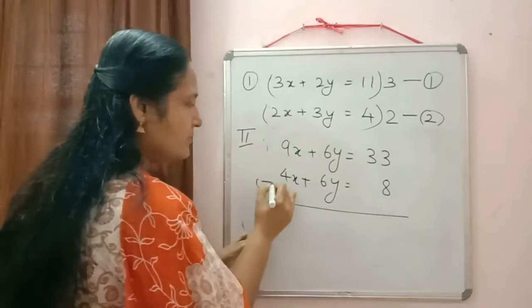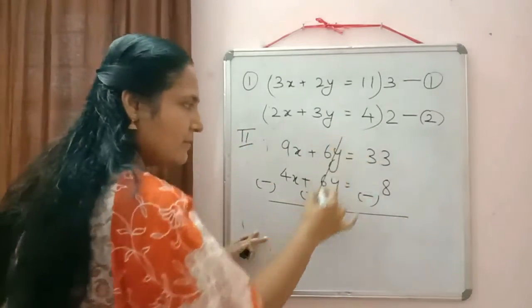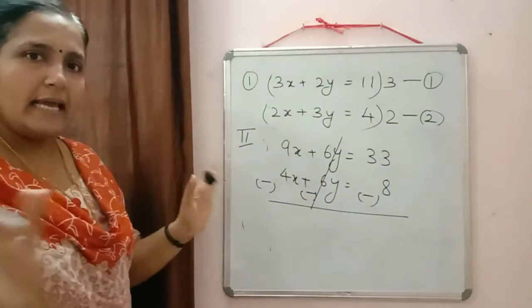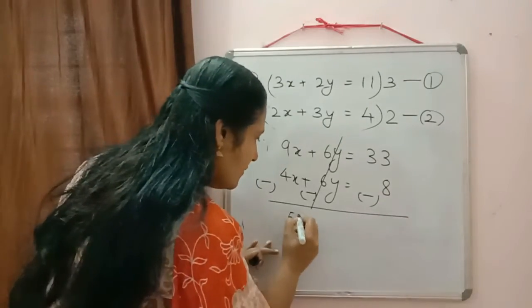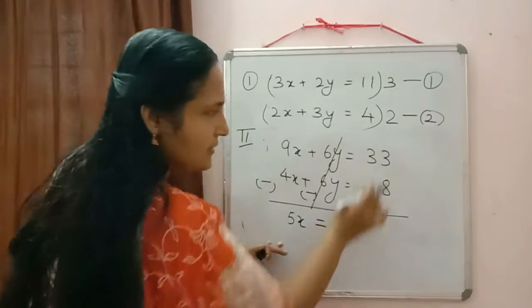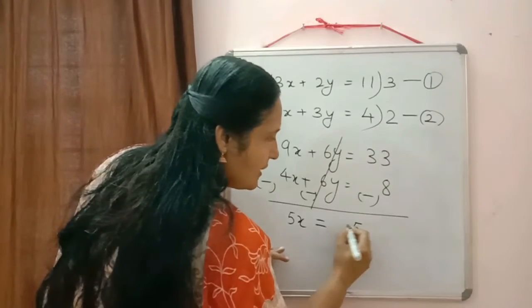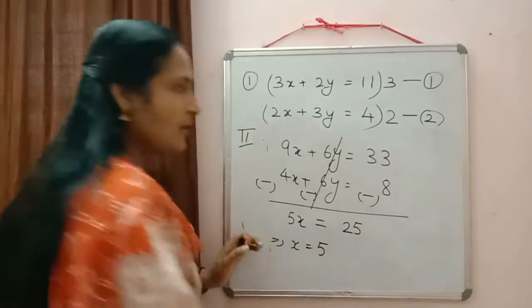Subtraction. So the sign will change. 6y and minus 6y will get cancelled. So the variable y gets eliminated. So remaining 9 minus 4 is equal to 5x is equal to 33 minus 8. So 33 minus 8 will be equal to 25, and we will get x is equal to 5.